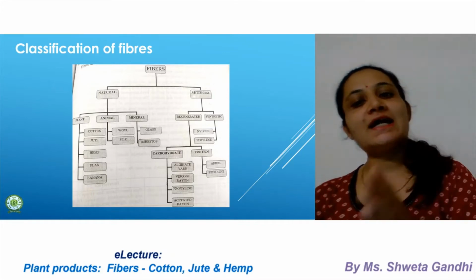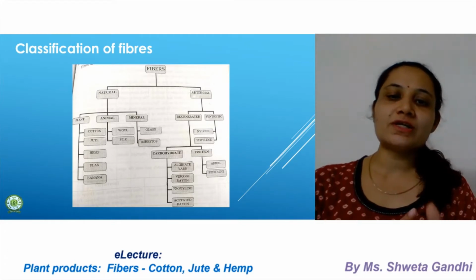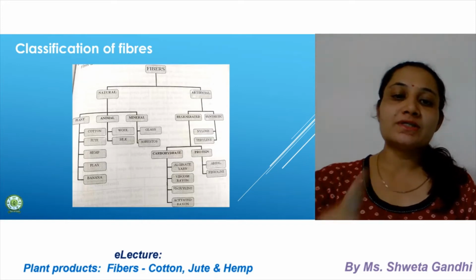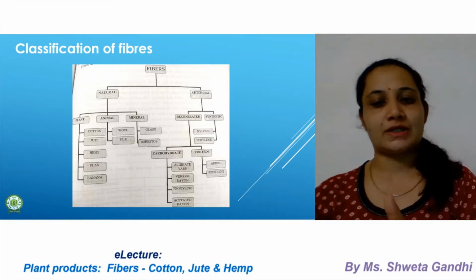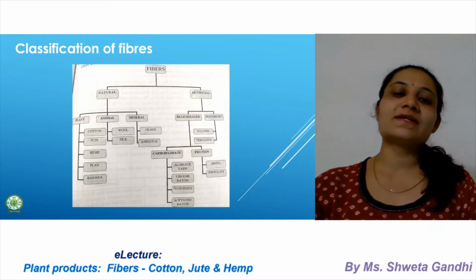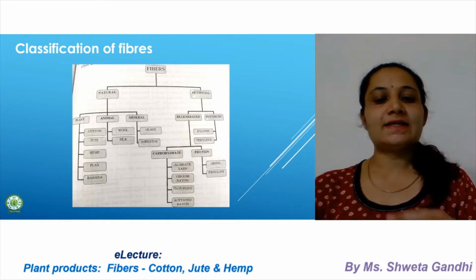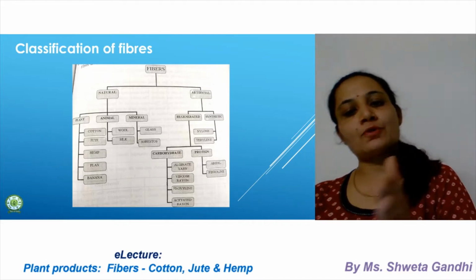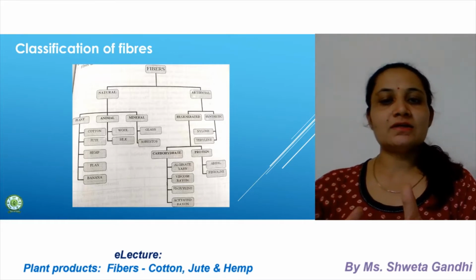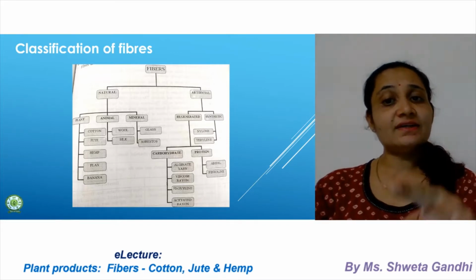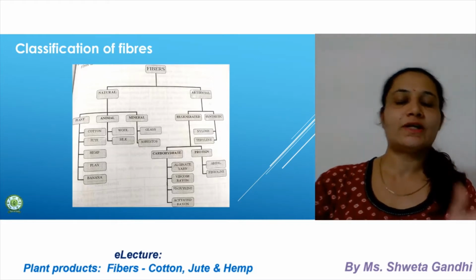Now next is artificial. Artificial means created fibers. They can be regenerated or synthetic. The regenerated fibers are of two types: carbohydrate and protein. In the carbohydrate category, there are alginate, viscose, cuprammonium, acetate rayon. And in the protein category, fibrolane type. Synthetic includes nylon and terylene.